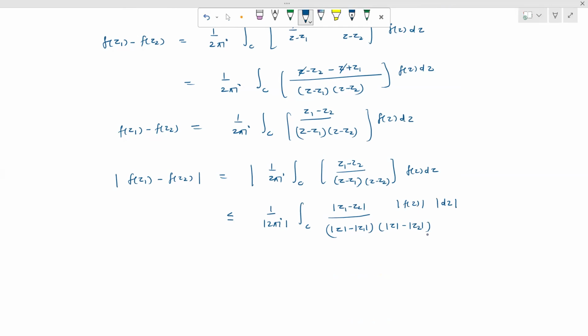So this can be written as less than or equal to 1 upon 2 pi, when we take the modulus of i it is 1.